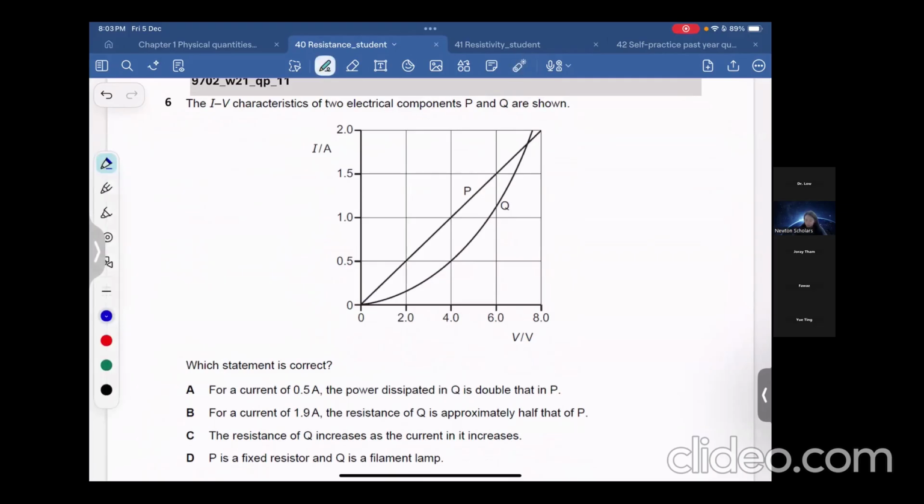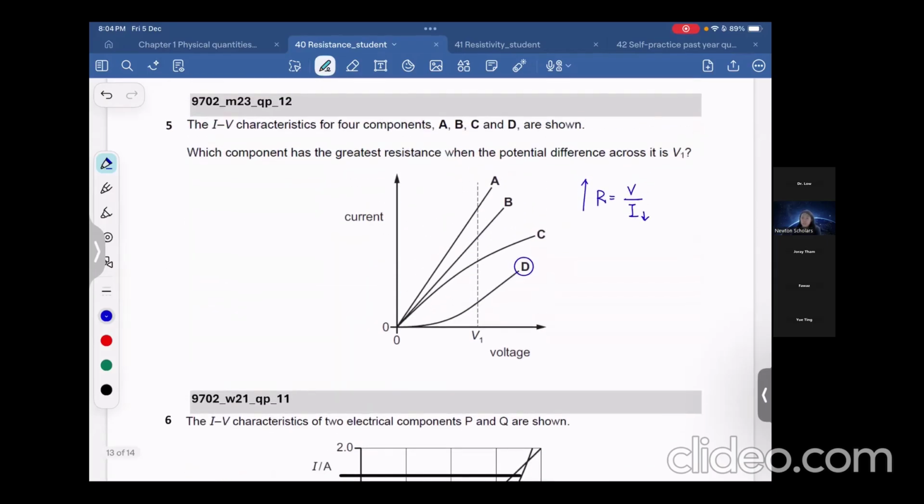Power, we have 3 formulas. P equals VI, or P equals I squared R, or P equals V squared over R. So here, you have to think, what formula for P can you use to do the calculation? What was the number Prasan asking? Prasan, D, yes. Prasan, D, correct.